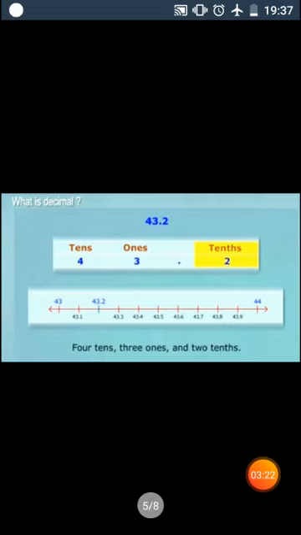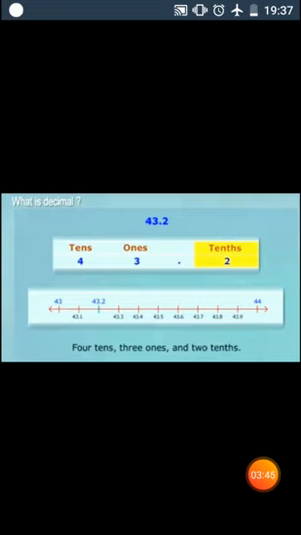Now we can take one more example. The number is 43.2. Here before the decimal the ones is 3, the tens is 4 and after the decimal the tens is 2.